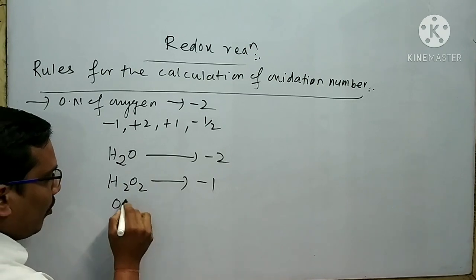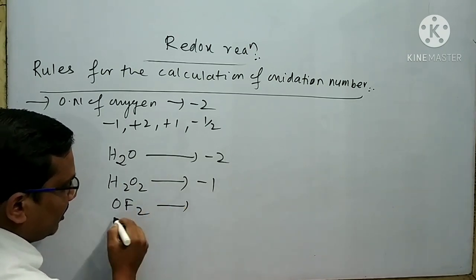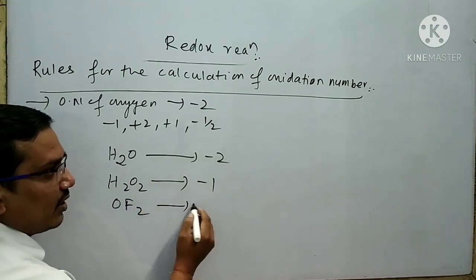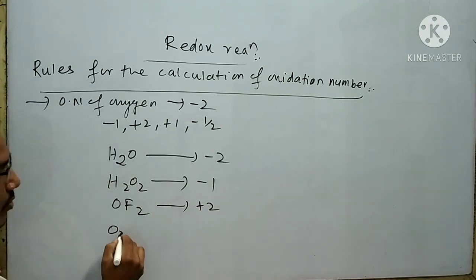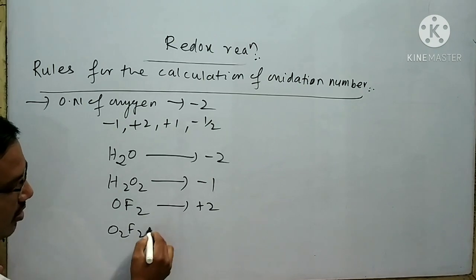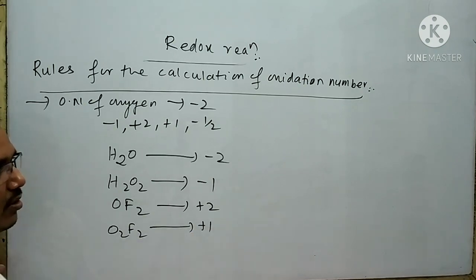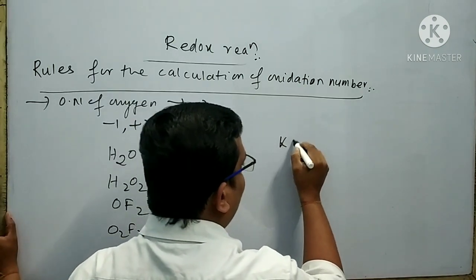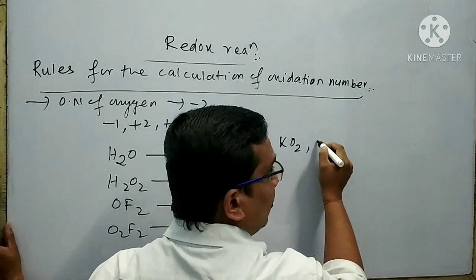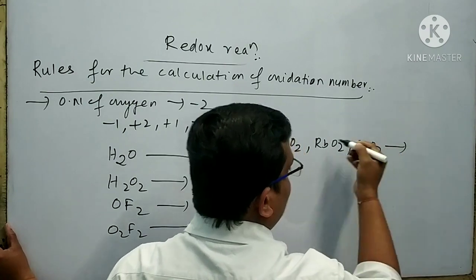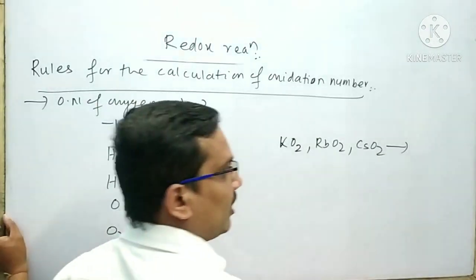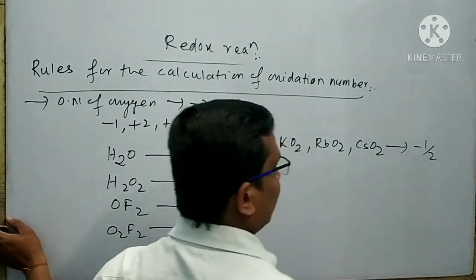In OF2, the oxidation number of oxygen is +2. In O2F2, the oxidation number of oxygen is +1. In KO2, RbO2, CsO2, the oxidation number of oxygen is -1/2.